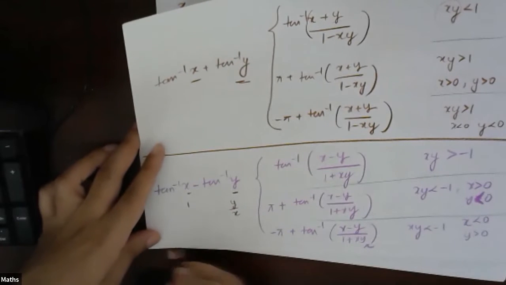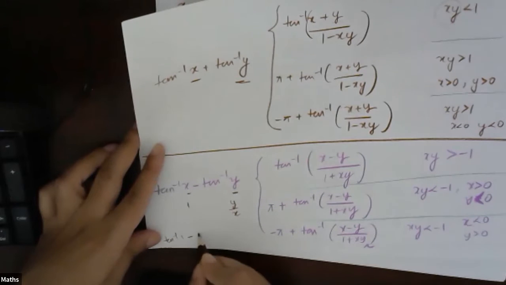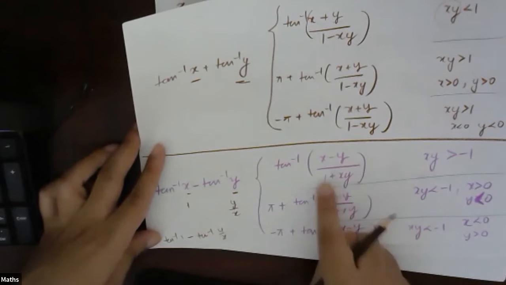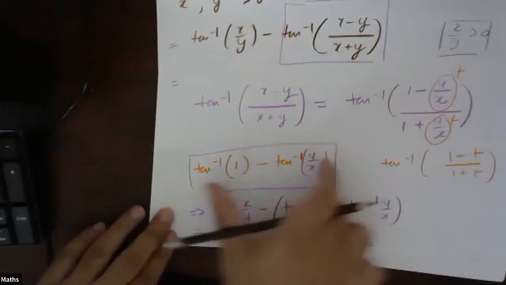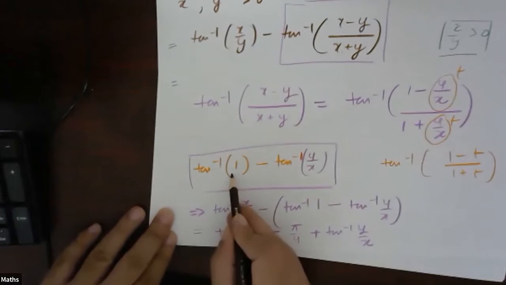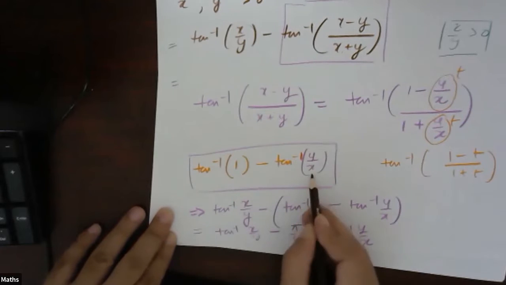This will become tan inverse of 1 minus tan inverse of y by x. Basically I have expanded this into this form. So this will simply become tan inverse of 1 minus tan inverse of y by x.